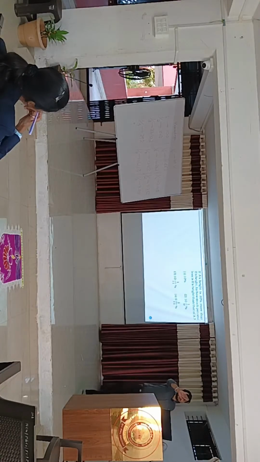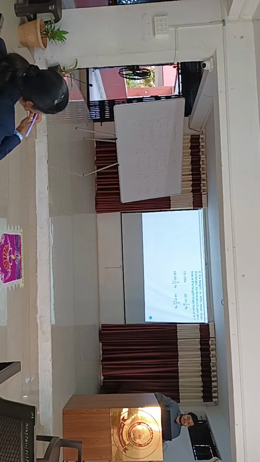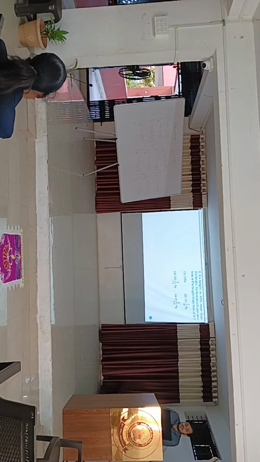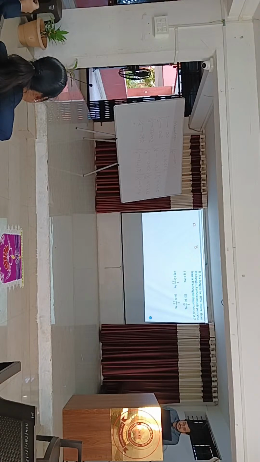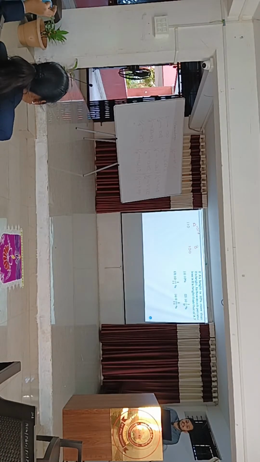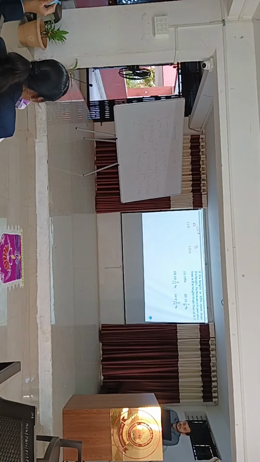A's height is 10% more than B's height. Normal method. If you are not comfortable with the shortcut, go with the normal method. If I say B is 100, what is A? 110. Then B's height is how much less than A's height? What is the difference now?